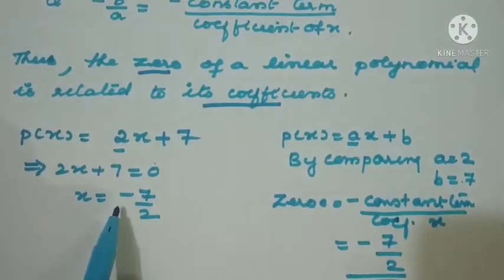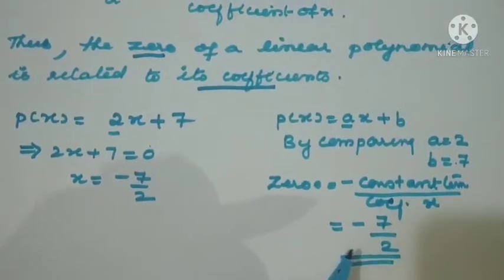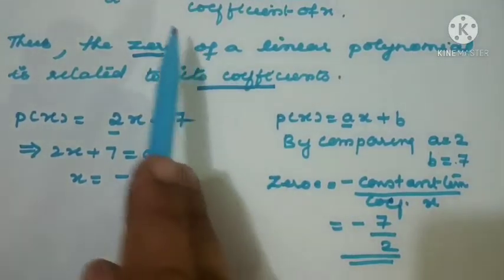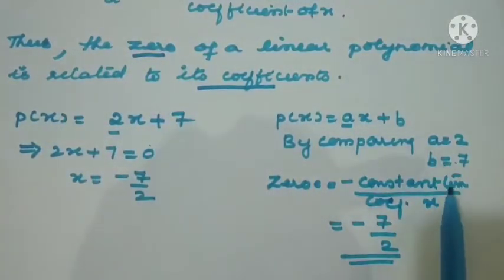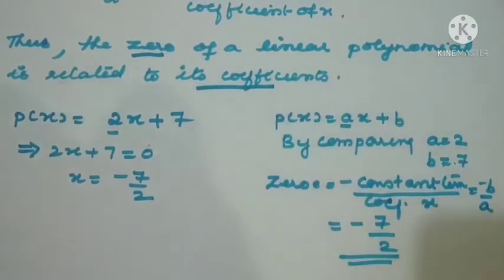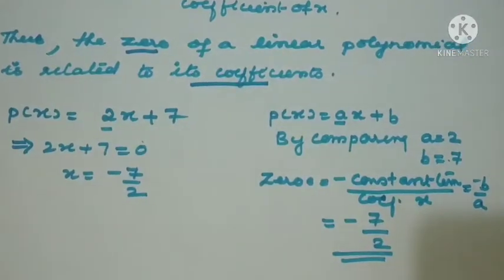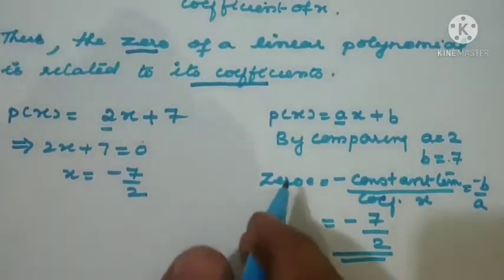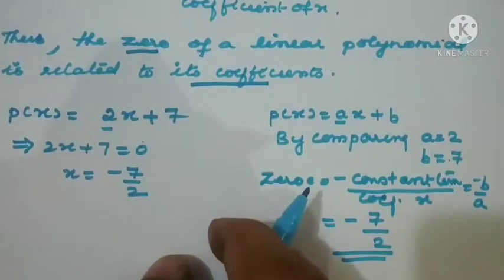So we got minus 7 by 2 here, and we got it here also. That is why we can write minus b by a directly. It is equal to minus b by a. By both ways we calculated, we are getting the same zero. Now we have calculated the zero of the linear polynomial only.